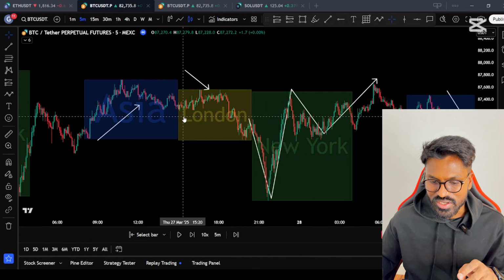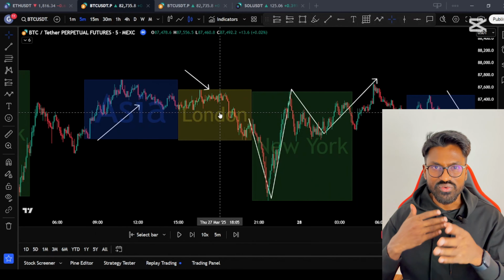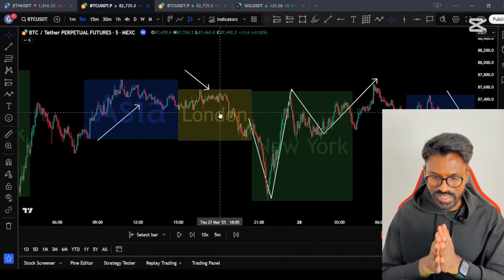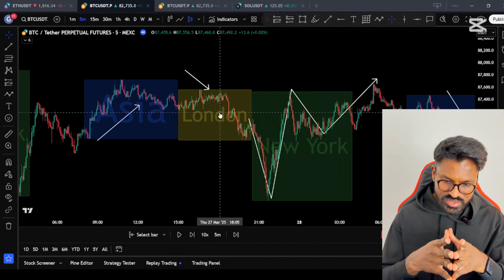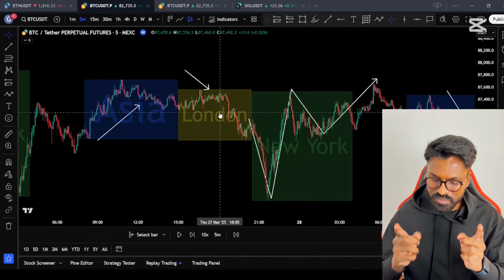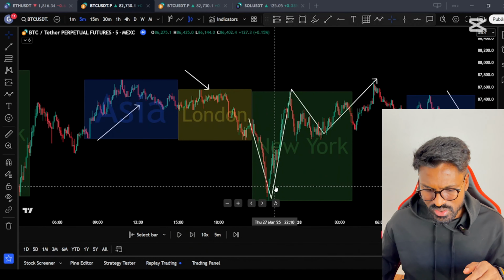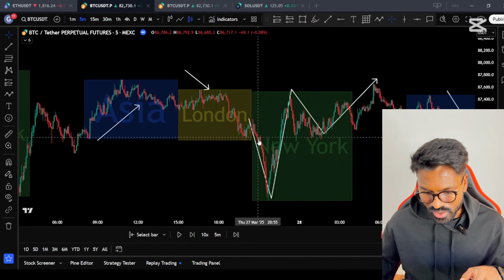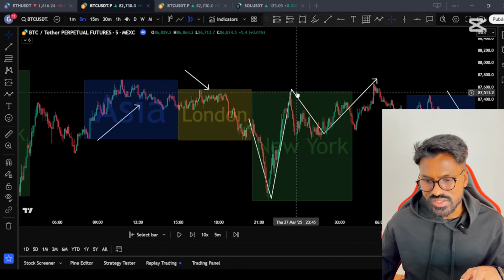The reason being is because once we kick into London, I need to restructure my analysis and understand, are we still seeing buyers in control? If we are starting to see sellers in control, that means my primary focus right now should be towards the sell side. So you see, even when New York came in, yes, we're seeing a very beautiful move towards the downside. After that, guys, we saw a reversal.